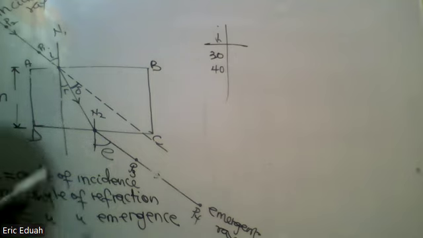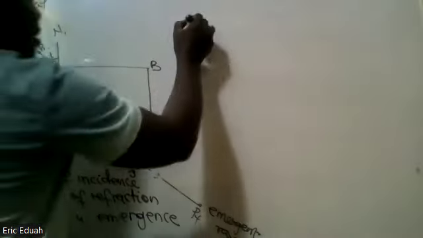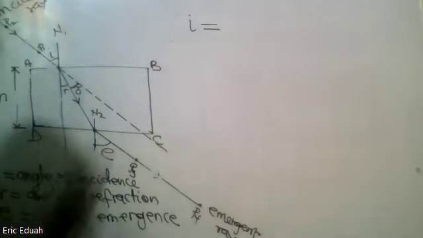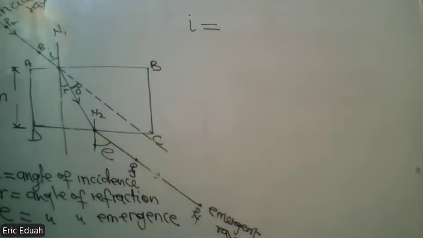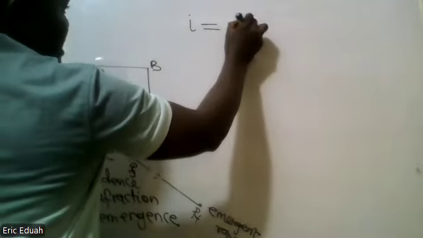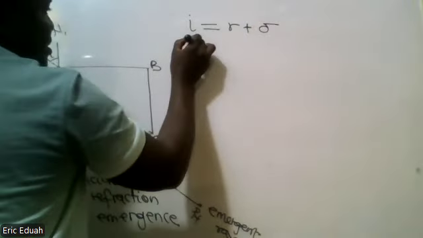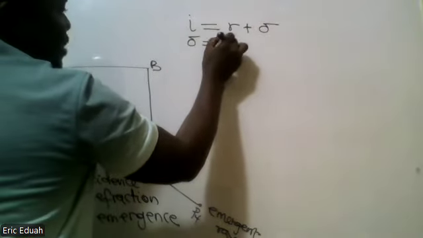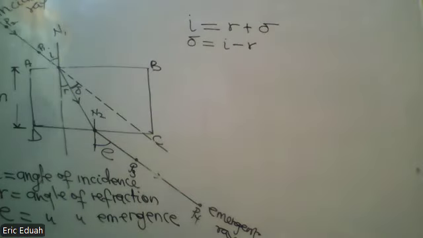So from what we've done, we can deduce that angle of incidence I, by vertically opposite reason, is equal to angle of refraction plus the angle of deviation. So sigma is equal to I minus R. And this is something we've actually learned earlier.